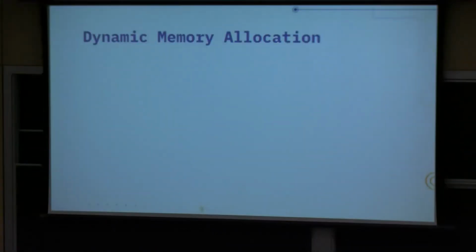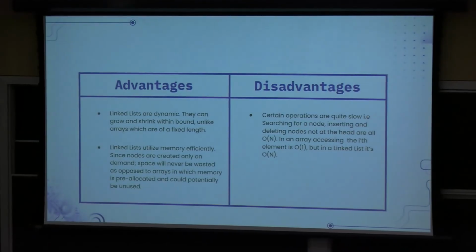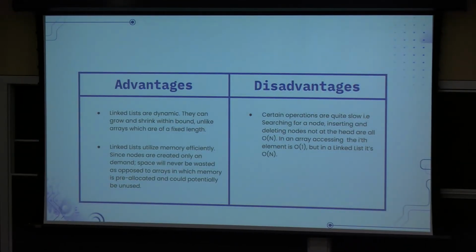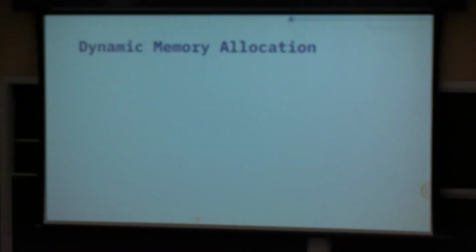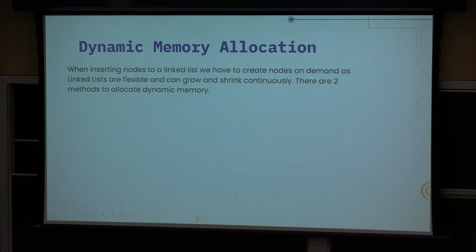So now we will talk about dynamic memory allocation. When inserting nodes to a linked list, we can create nodes on demand, as linked lists are flexible and can grow and shrink continuously.